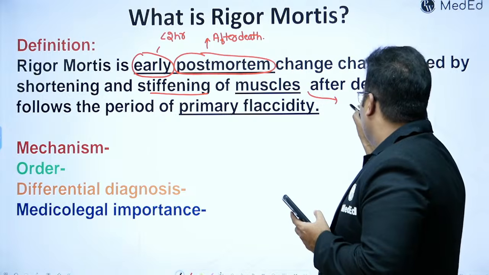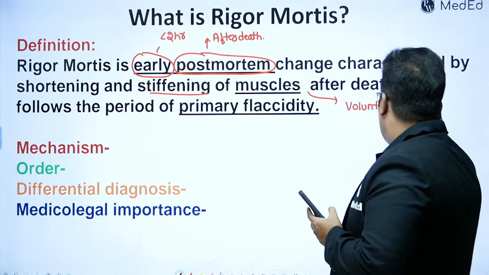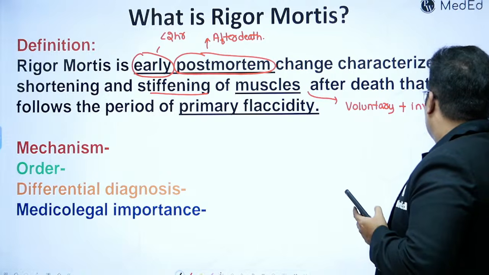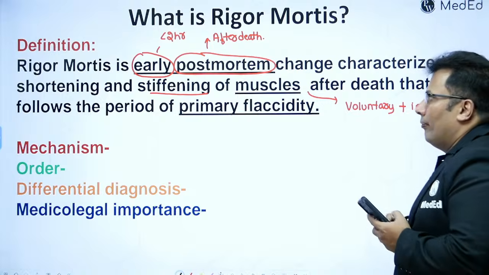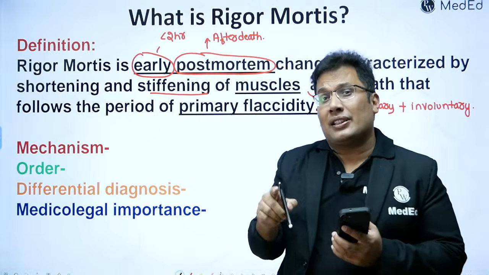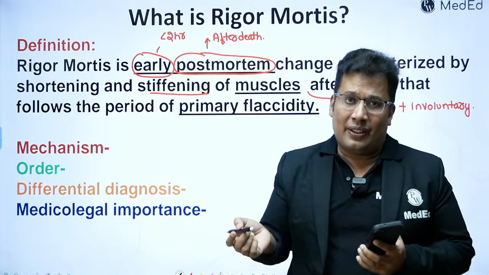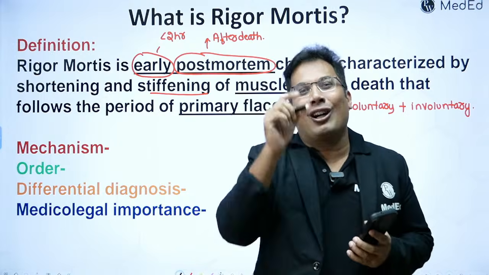Muscles means all the muscles, voluntary plus involuntary. Rigor mortis occurs in all the muscles: voluntary muscle, involuntary muscle, smooth muscle, skeletal muscles. But cadaveric spasm occurs only in voluntary muscle.